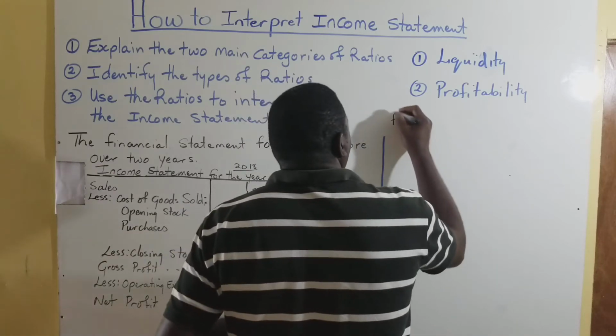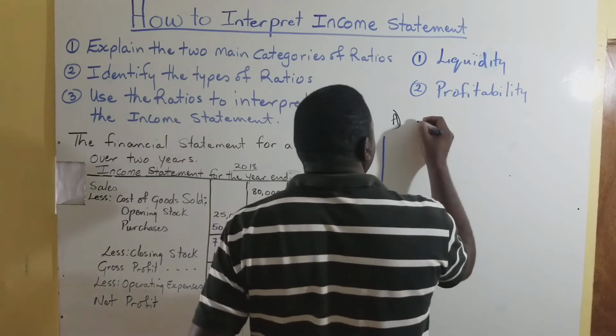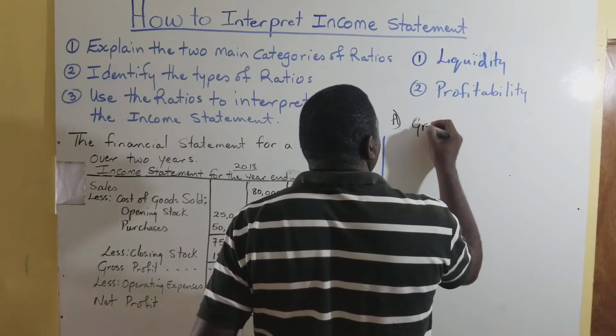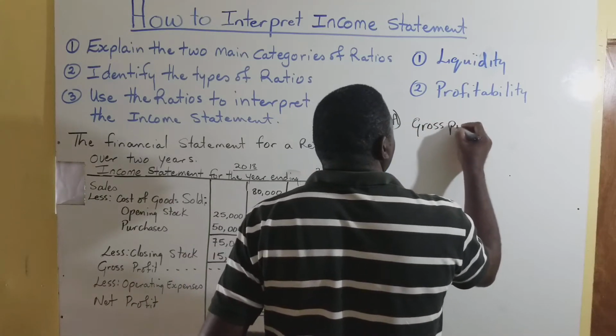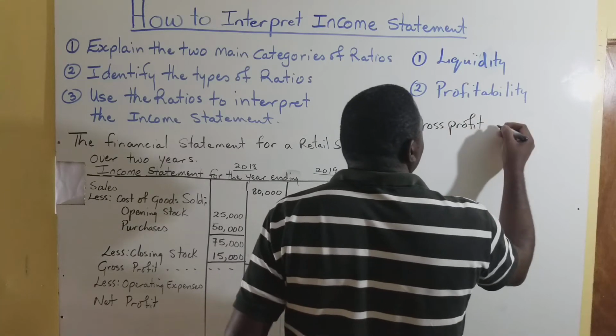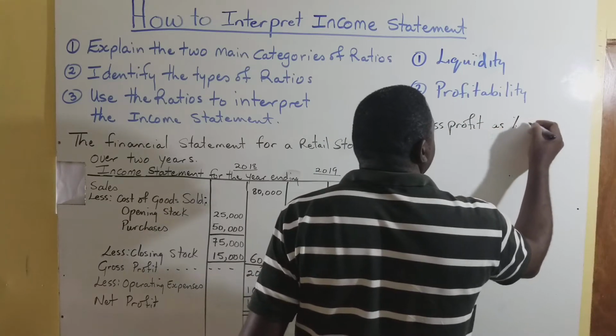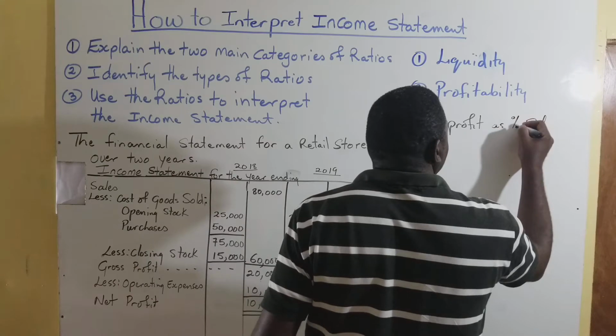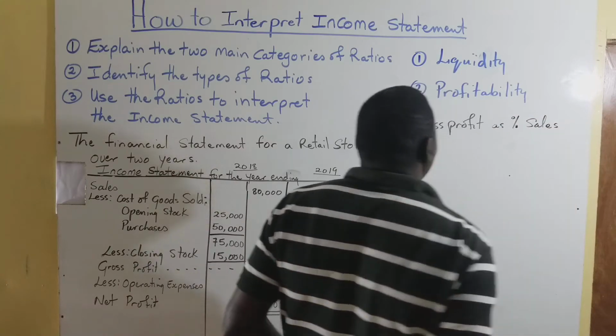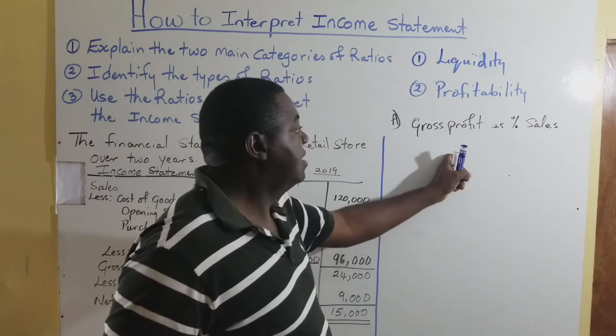And one of those ratios we refer to as the gross profit as a percentage of sales.